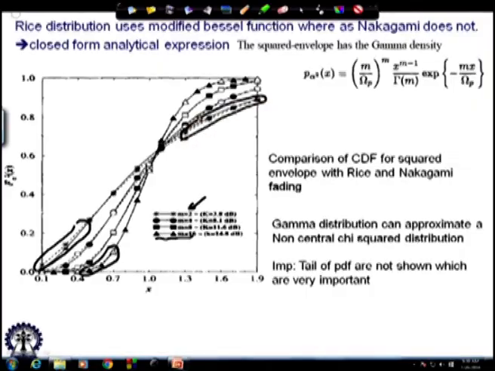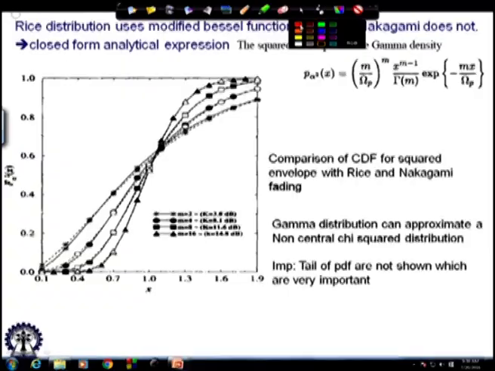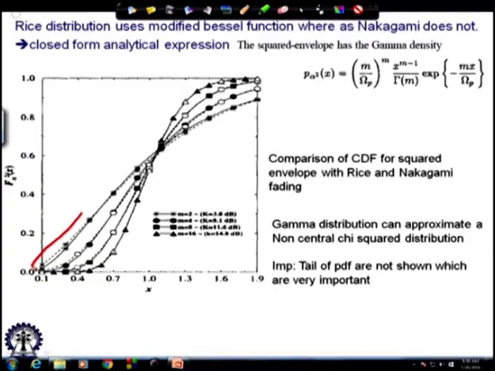Now, amongst these, what is more important is this tail probability distribution for communication systems, because we are often interested in calculating the outage probability, or the probability that the signal will be below a certain threshold.